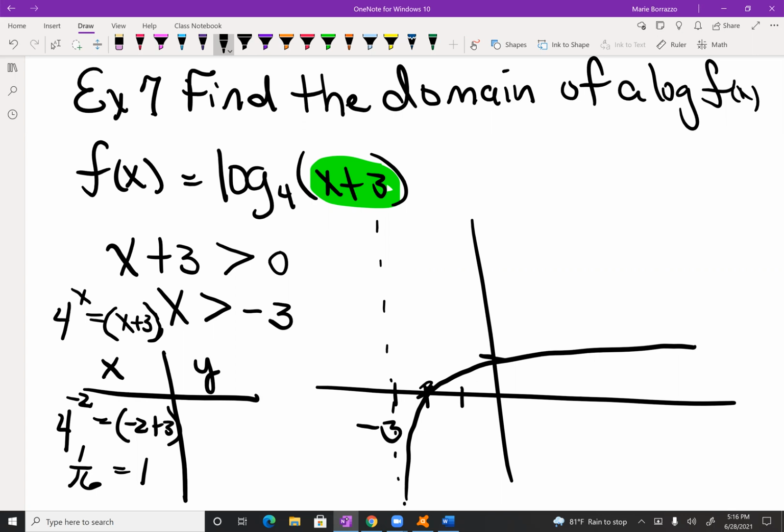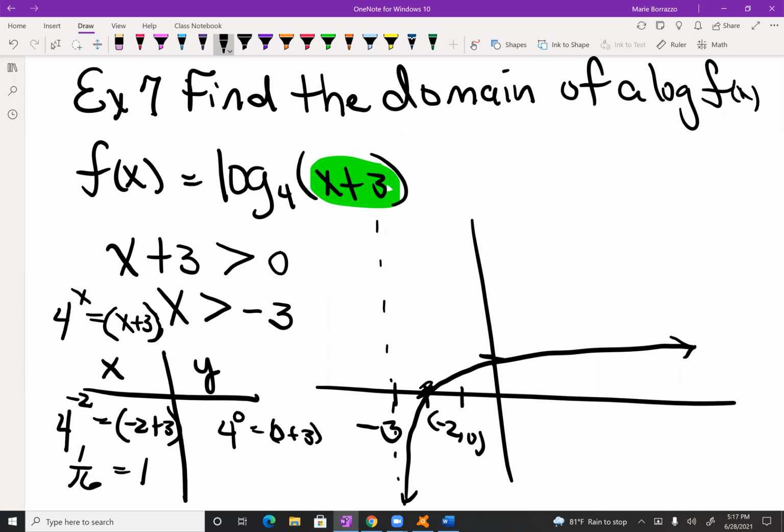The only way that happens is if y is 0. So at (-2, 0), you kind of have to evaluate that for yourself. And here, if x is 0, then you have, in essence, 4 to the y is going to give you 0 plus 3. It's going to give you a kind of weird fraction, but you get the idea. The general idea is this will have this behavior.